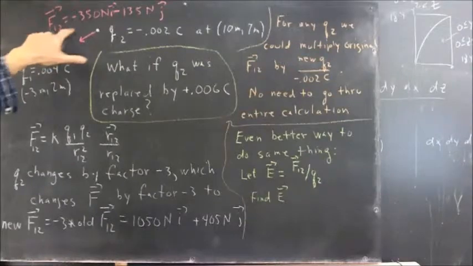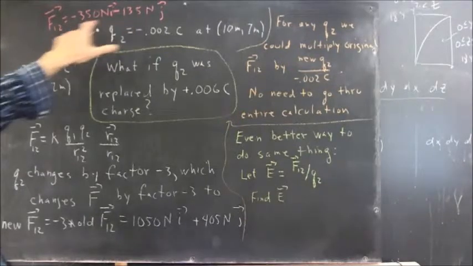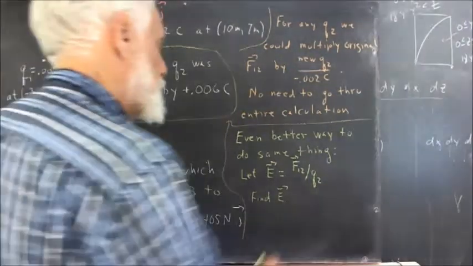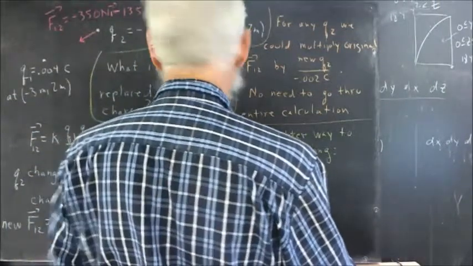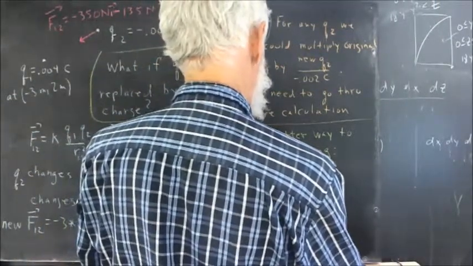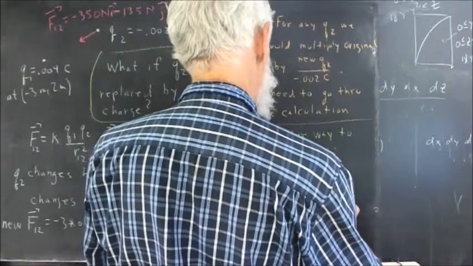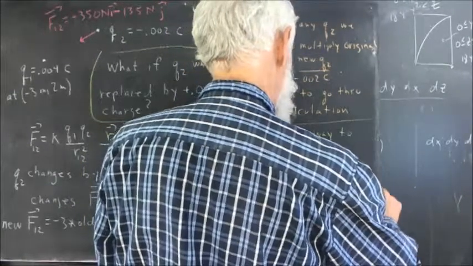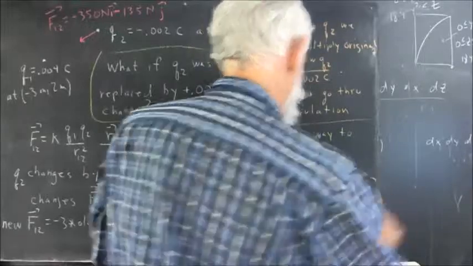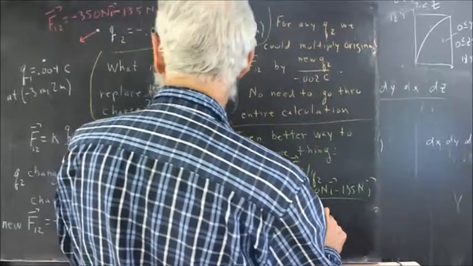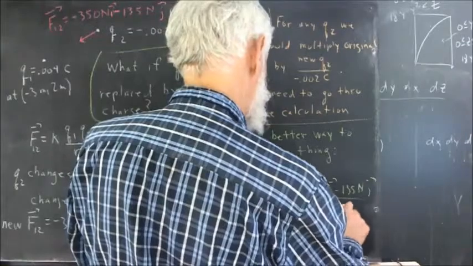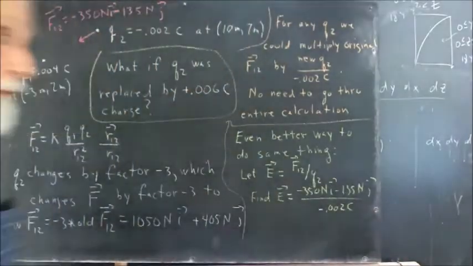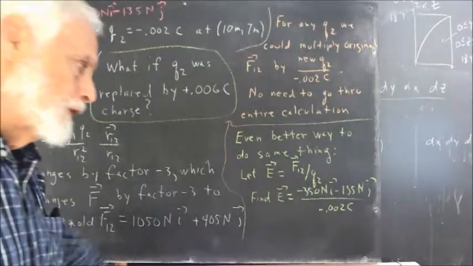But I'm really thinking of this so that the F12 vector is negative 350 newtons times i minus 135 newtons times j, and then you should have divided by your negative 0.002 coulombs. Hopefully you've calculated that.